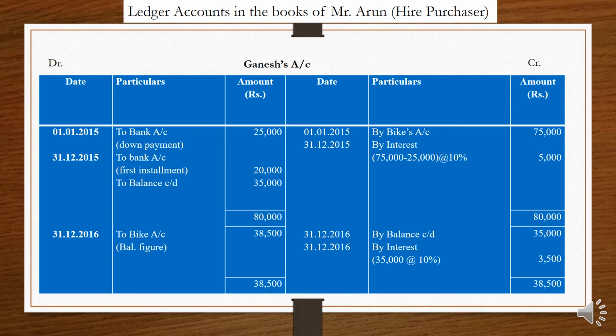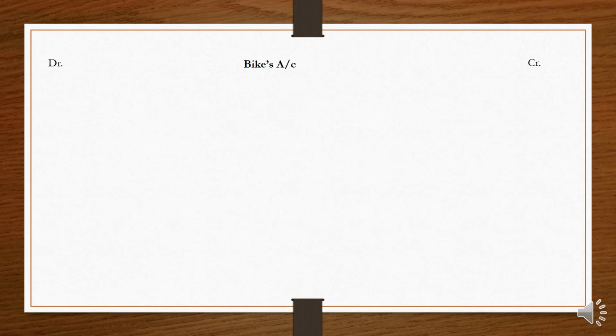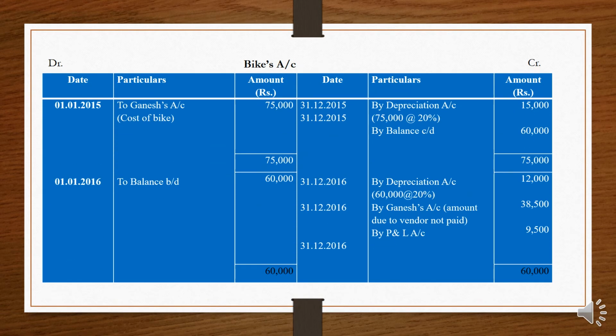Now let us move on to the next ledger account. Here bike is the asset, so bikes account is to be opened. On 1/1/2015, since the asset is being purchased by the buyer, the journal entry is bikes account debit to hire seller's account.